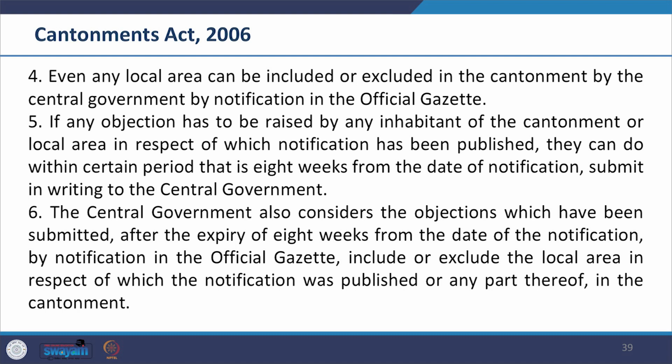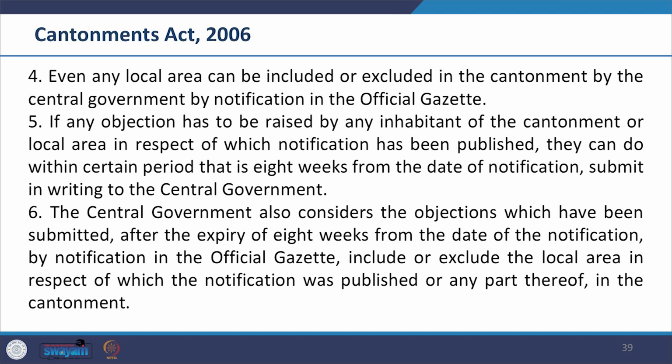So the central government can give additional direction apart from the provision under this Act. Further, we see that they also have the right to alter the limits of the cantonments. The Cantonment Act 2006 prescribed that any local area can be included or excluded in the cantonment by the central government by notification in the official gazette.